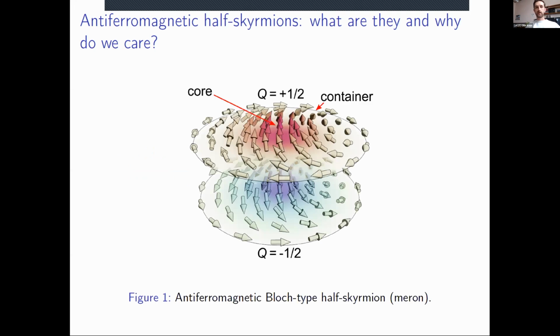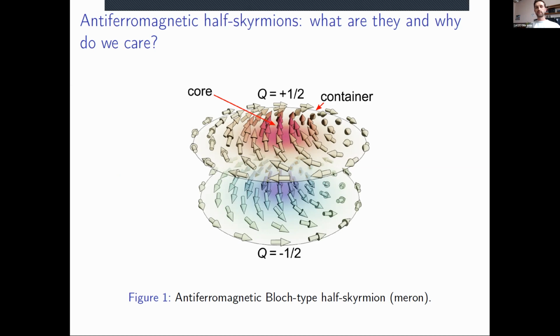If I present an example of an antiferromagnetic meron or half-skyrmion here, we can see that for a collinear antiferromagnet, we can consider two separate compensated magnetic sublattices, which I've separated here vertically.